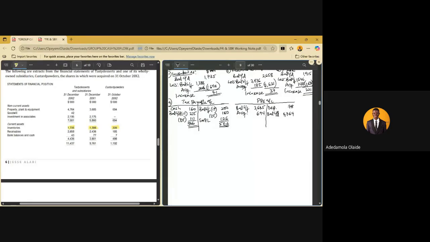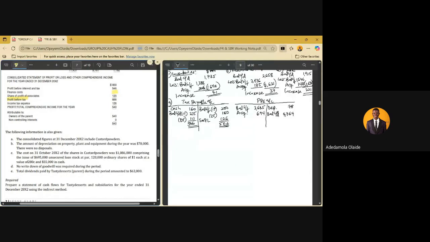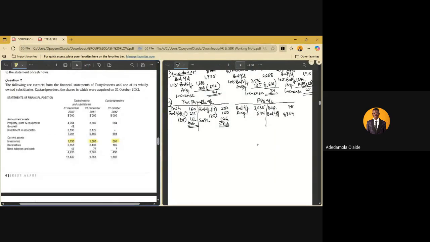In the absence of any other information as it relates to PPE, what do we have as the total? And what do we have as the balance? The total is 442. And the balance? 463.